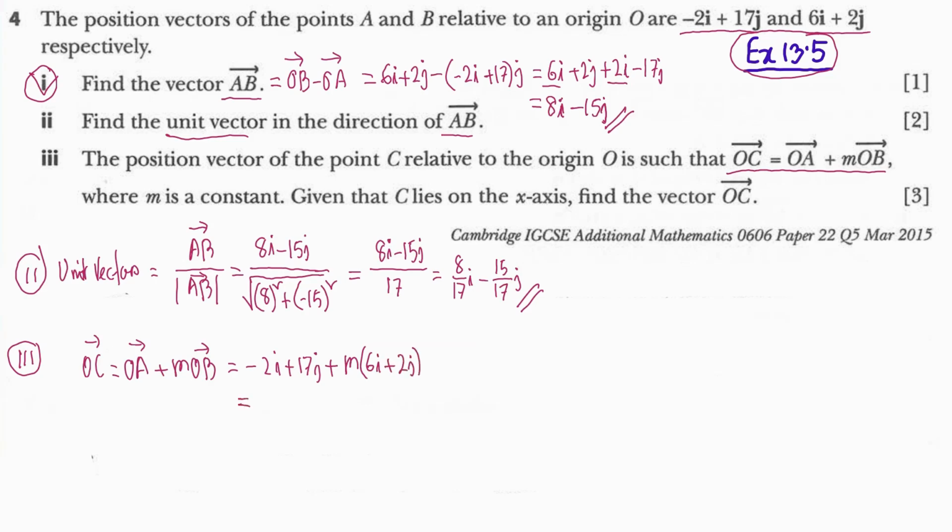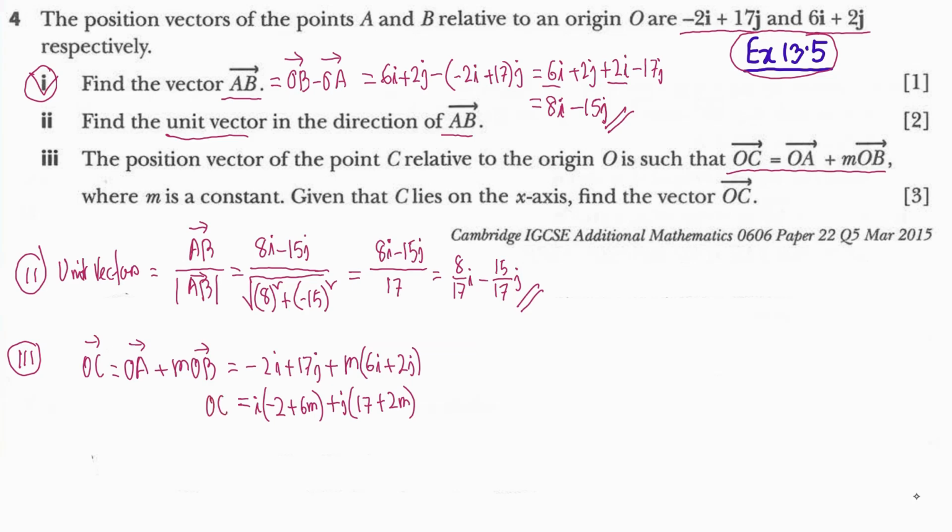We can write by taking i common: minus 2 plus 6m, and if I take j common, then 17 plus 2m. So we can write OC in terms of m.